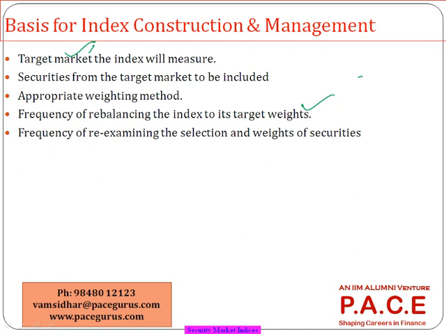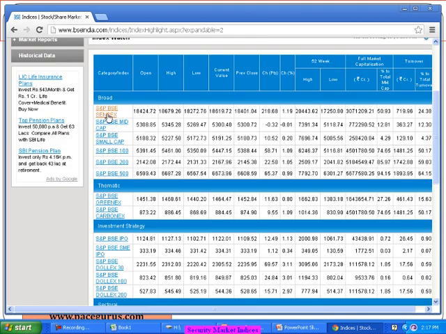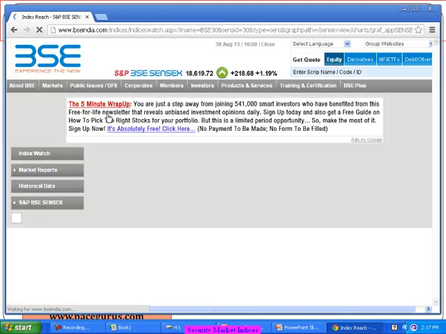So what is the frequency at which I will evaluate the various securities for inclusion as well as exclusion? If you see Sensex, the same 30 companies will not be there forever. Every quarter they will review and come out with which companies need to be removed and which companies need to be included.